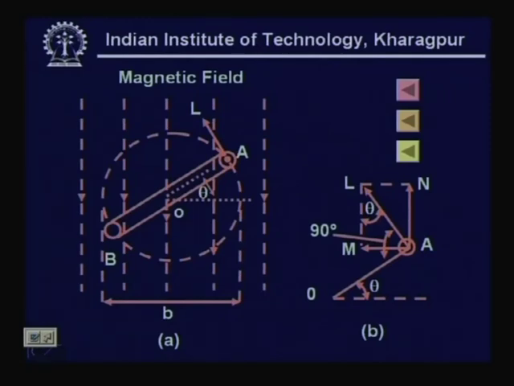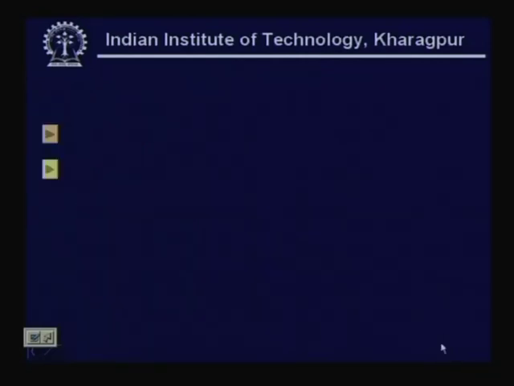AM is perpendicular to the flux density. Remember that when we talk about the perpendicular nature of the velocity component, it is perpendicular to the magnetic field, not perpendicular to the x-axis as normally understood.